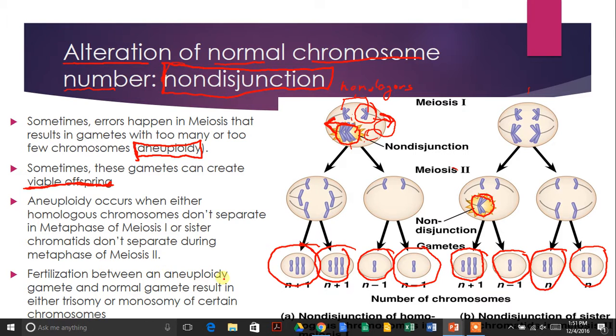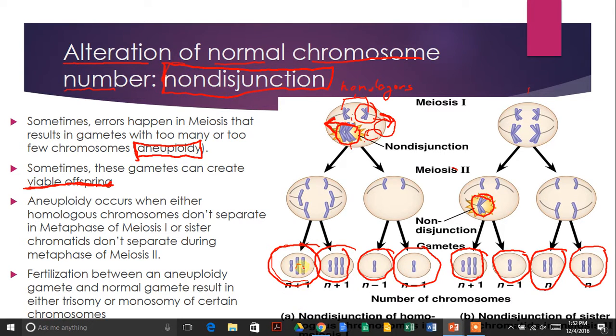Fertilization between an aneuploid gamete and a normal gamete results in either trisomy or monosomy of certain chromosomes. For example, if a normal gamete fertilizes a gamete that has 2 copies of one chromosome, that offspring will have 2 copies of that chromosome from this parent and 1 from the normal gamete.